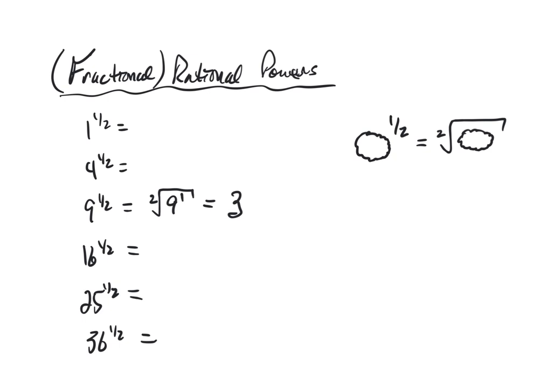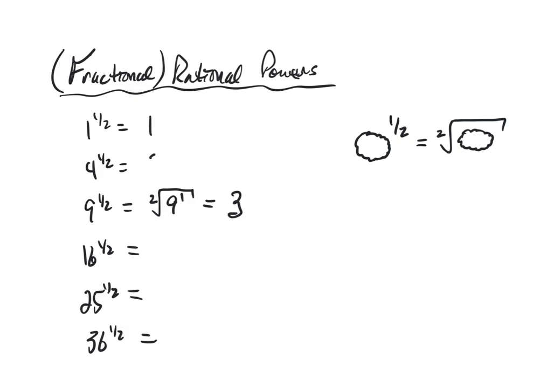So when I give you 1 to the 1/2, 4 to the 1/2, 9 to the 1/2, 16 to the 1/2, 25 to the 1/2, 36 to the 1/2, anything to the 1/2 power is the same as square root. So what's 1 to the 1/2 power? The square root of 1 is 1. What's 4 to the 1/2 power?